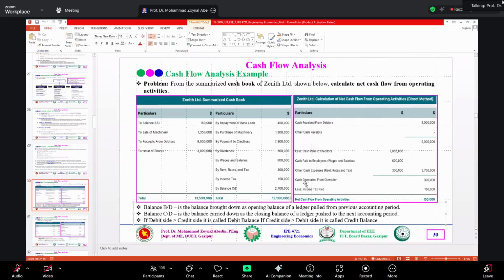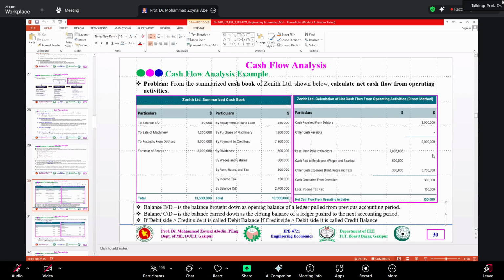And another one is cash generated from operation. Now you can see, adding this outflow or debit total is 870,000, and here you can tell this is inflow, this is outflow.